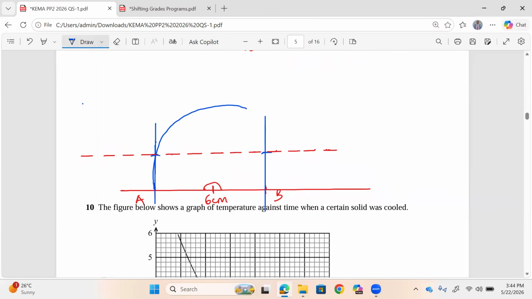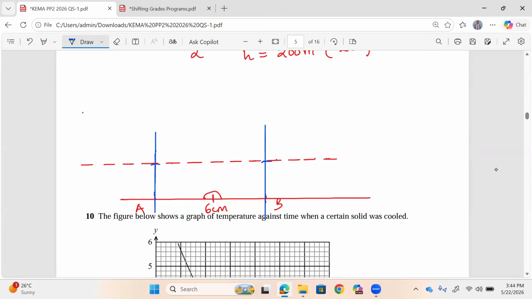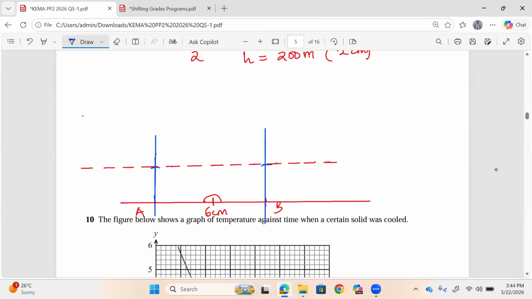We do a semicircle carefully. The semicircle radius is supposed to be 3 because we start with the mid of AB. So exactly 3 centimeters.